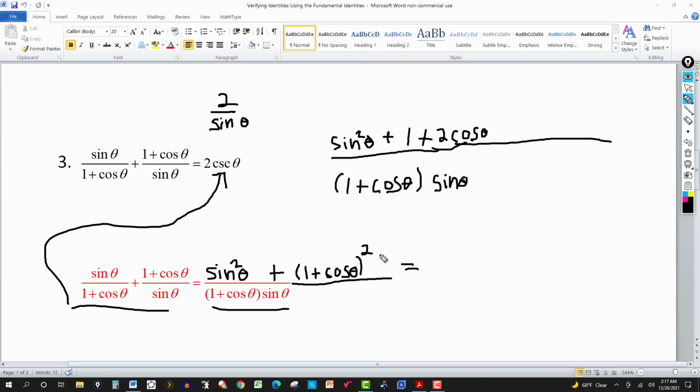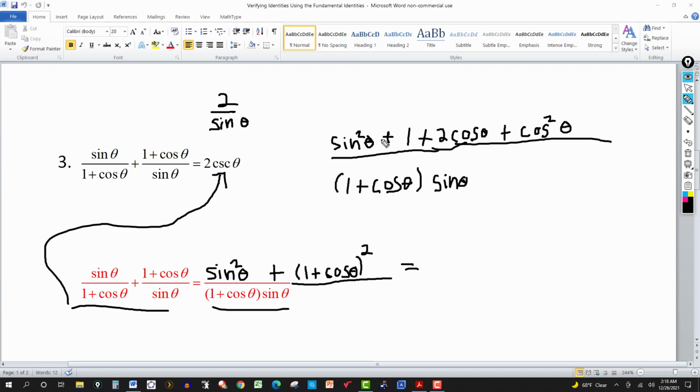And then plus cosine squared theta. So again, 1 plus cosine theta squared gives me 1 plus 2 cosine theta plus cosine squared theta. Use the formula for squaring a binomial. That's just some basic algebra.